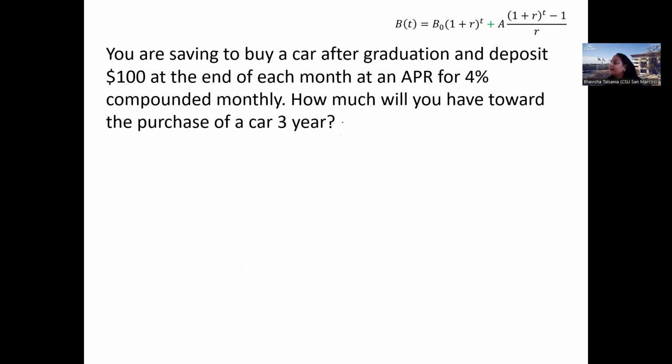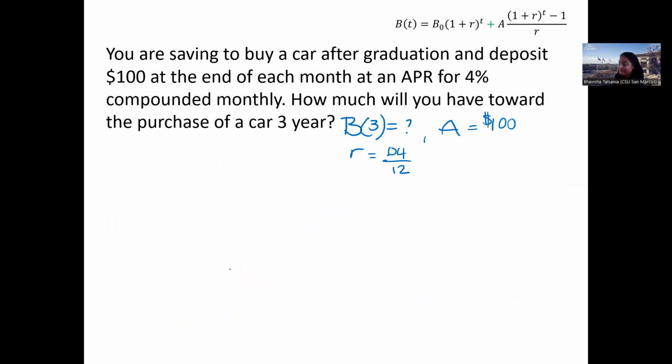Again, we want to know what B sub 3 is, or what B of 3 is. That's what we're trying to figure out. Our monthly deposit is going to be $100 every month. Our R is going to be 0.04 divided by 12.